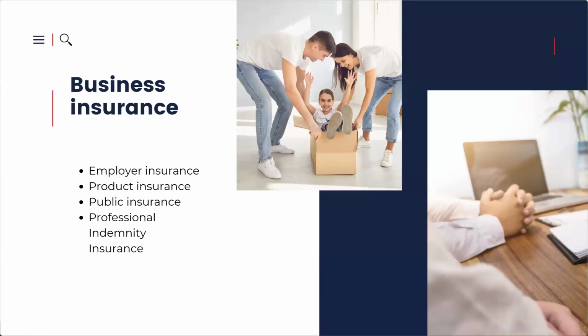For example, professional indemnity insurance protects the professional provider like a lawyer, accountant, or consultant from the liability arising from bad advice or bad practice. And when the service providers commit some kind of fault and cause damages to their client, the insurer will pay the liability instead.